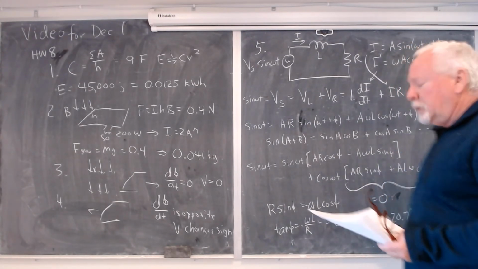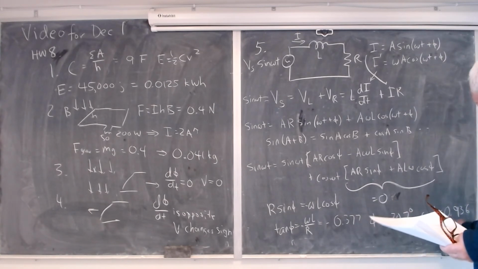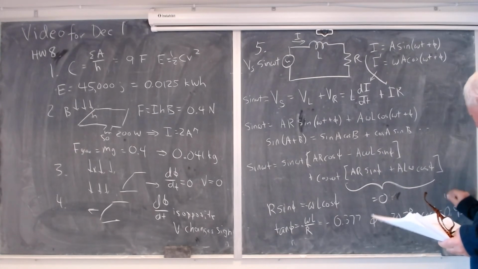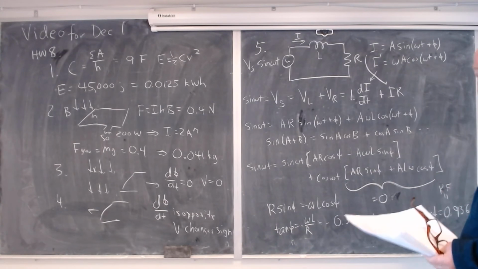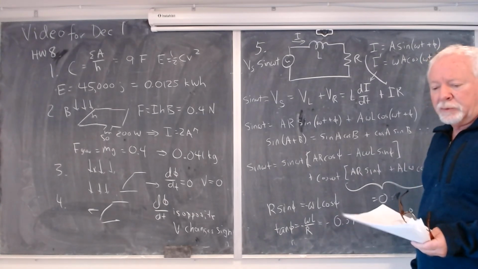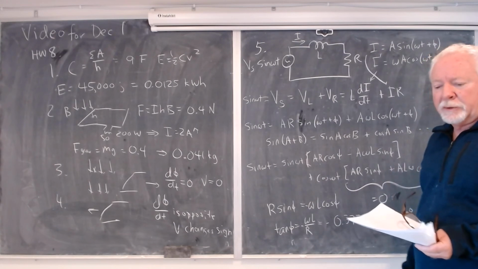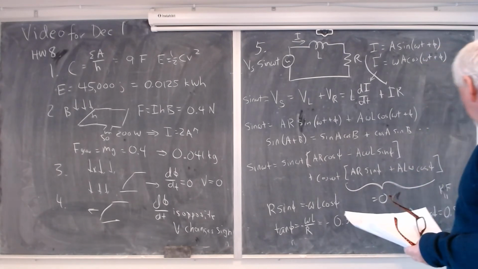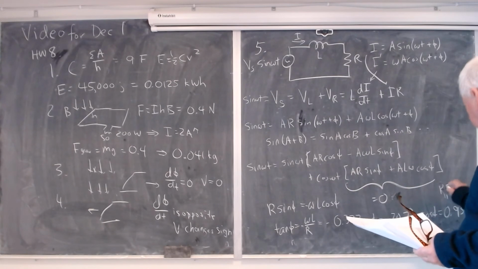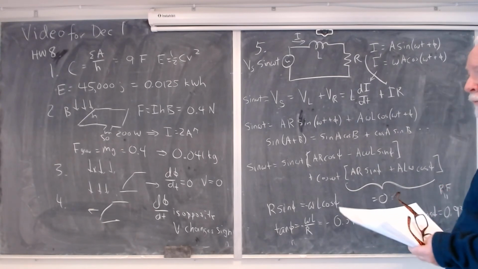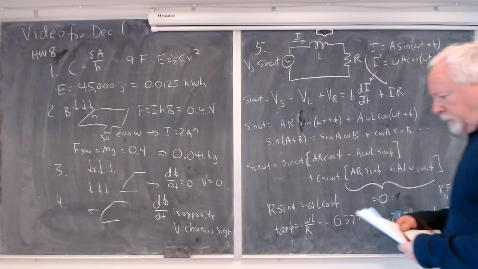But you take the cosine of that, 0.936, that's your power factor. And so when you plug it into the formula for power, IRMS, VRMS, power factor cosine phi, it's not that different than a purely resistive load. Okay, so that was the homework.